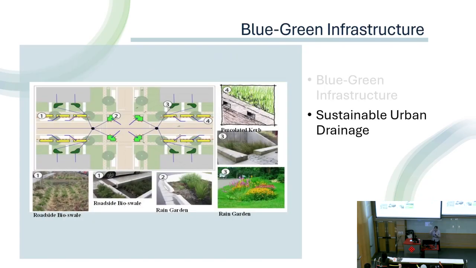With sustainable urban drainage, we need to integrate it into the cities themselves, especially in residential locations. So I mentioned before, in Australia and Europe and the Americas, we integrate bioswales and rain gardens next to the roadside because not all of the areas have good drainage.